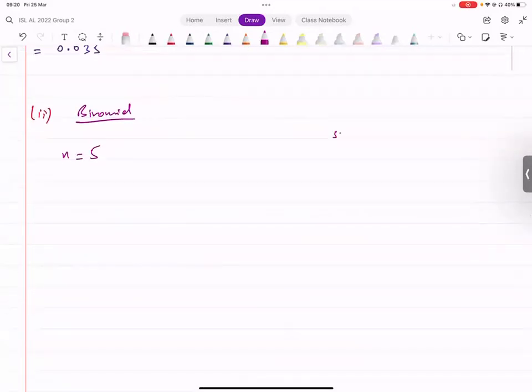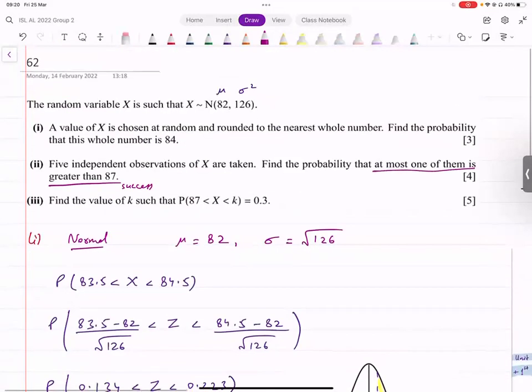Now, what's the probability of X being greater than 87? Do we have that here? No. We don't have that here, right? So we have to find that. Approximation.